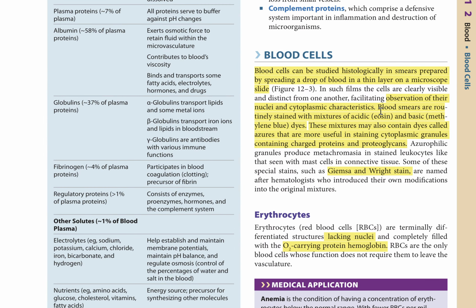Observation of their nuclear and cytoplasmic characteristics. Blood smears are routinely stained with mixtures of acidic eosin and basic methylene blue dyes. These two dyes mix together to study the characteristics of the red blood cell.